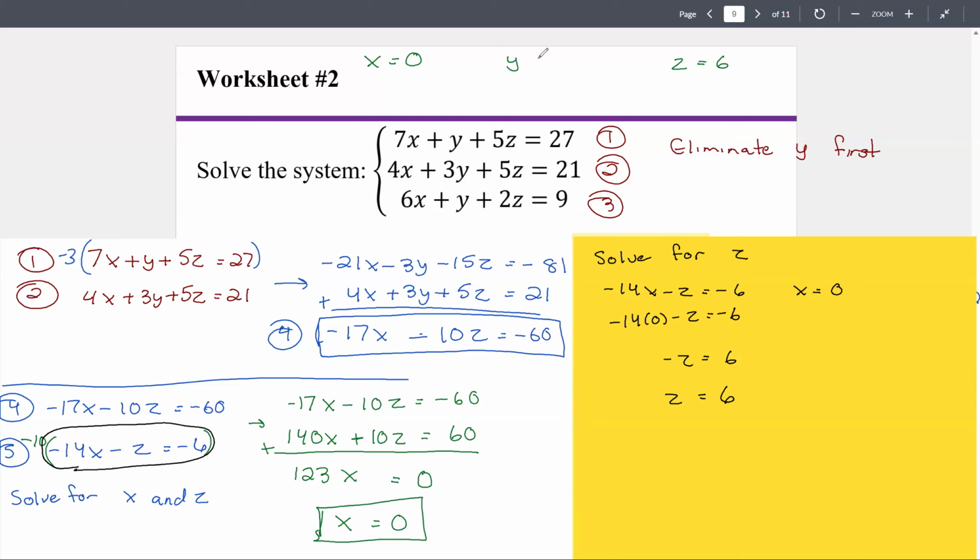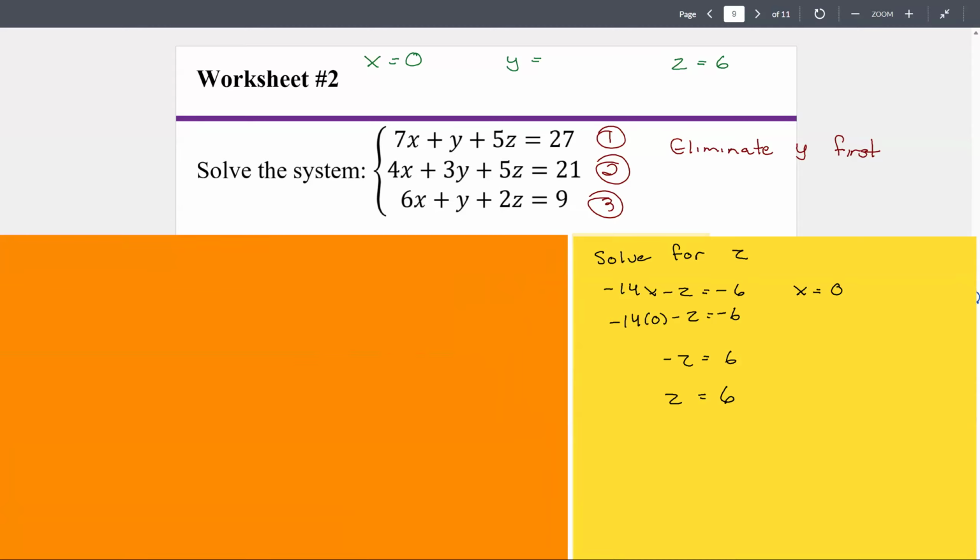So now we just have to figure out what y is. Sorry, I'm going slowly, to give you some time here. Now my last bit here, just pick one of the equations. Let's pick one on the top. So that is 7x plus y plus 5z equals 27.